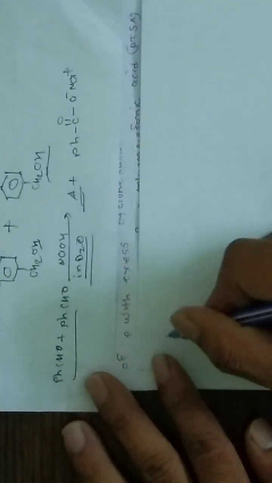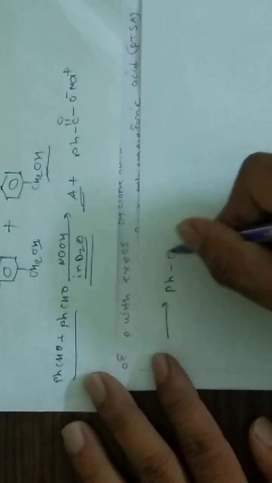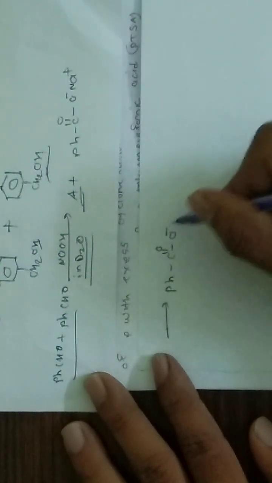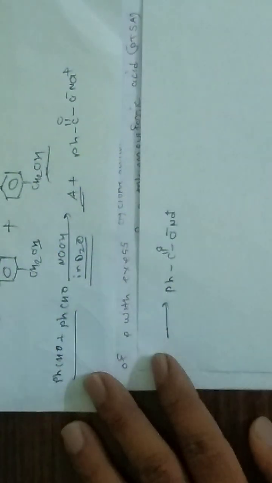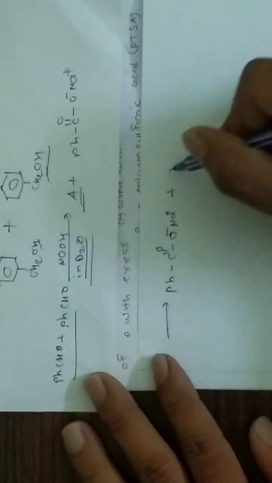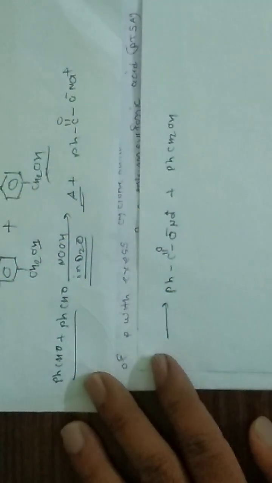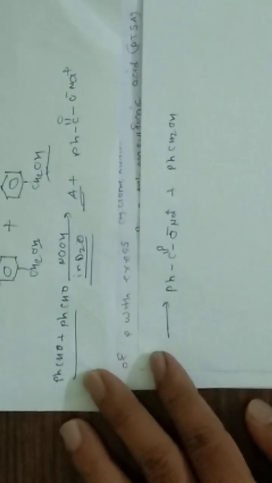Oxidation of one molecule gives the carboxylate, C double bond O minus Na plus. Hydrolysis I will do later, plus PhCH2O minus. After hydrolysis, what will happen? In hydrolysis, deuterated water is used.